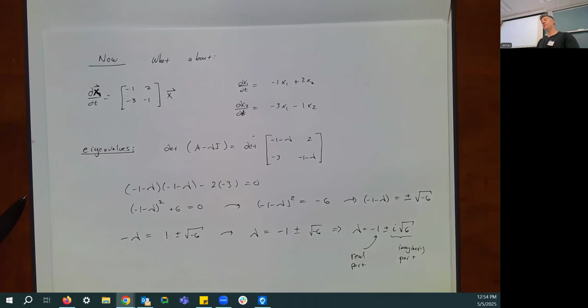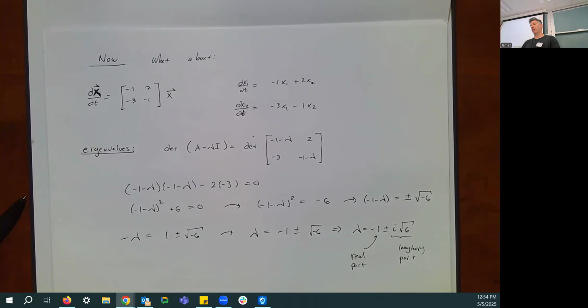Language differs sometimes. Some people say the imaginary part is √6. Some people say the imaginary part is i times √6. Either way of saying it's correct. We mean the same thing. Just sometimes people say it differently. I don't know why. There's not an agreed upon particular name here.